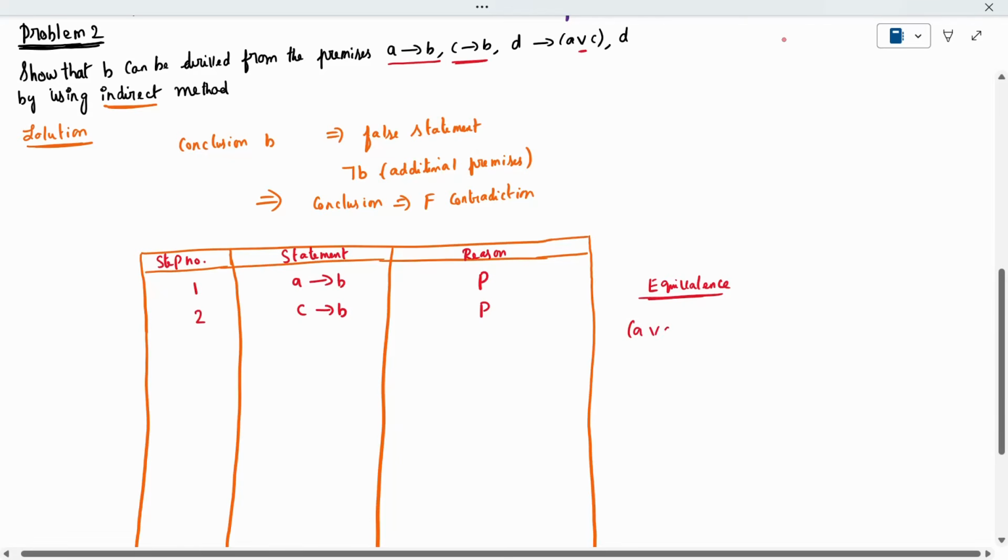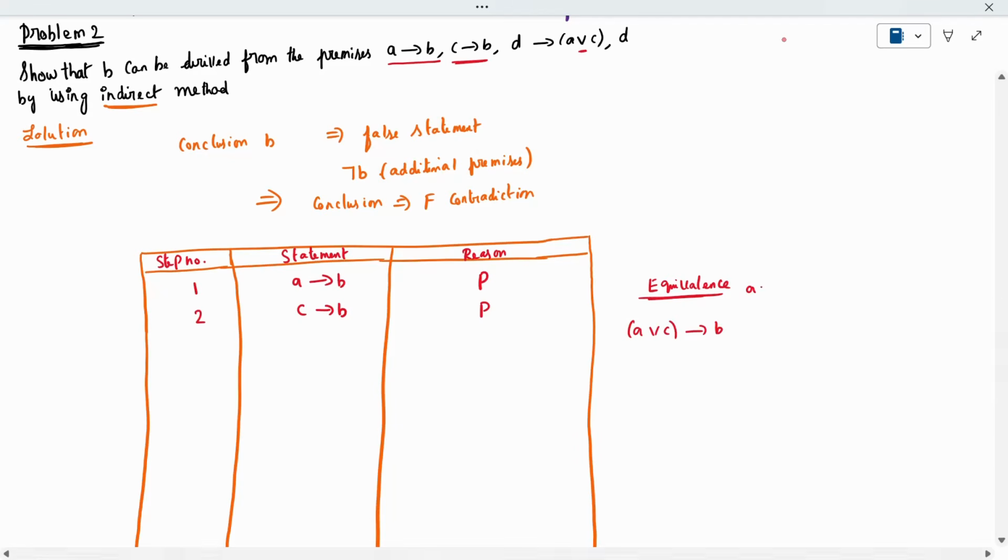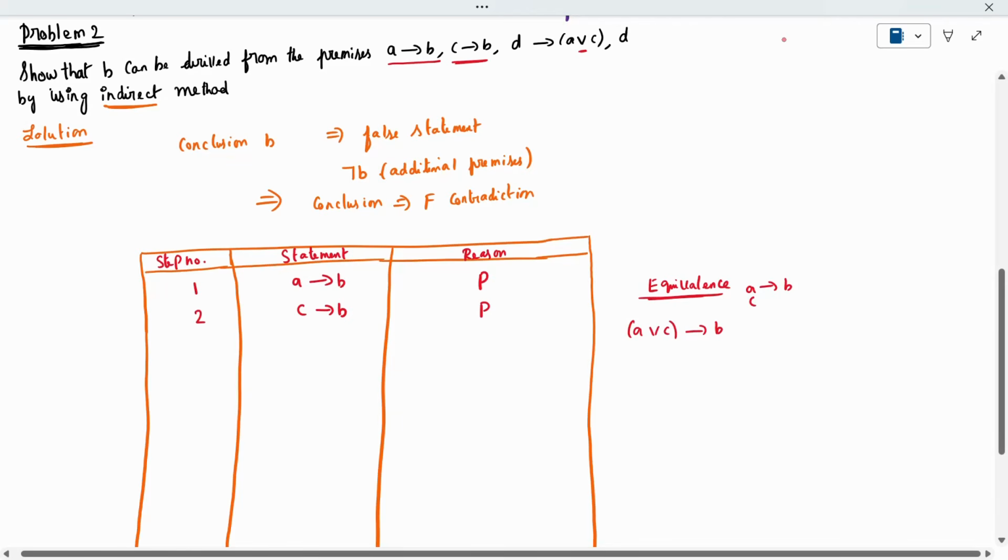A disjunction C conditional on B. When A conditional to B and C conditional to B, it is equivalent to this, I can write it. That only I'm going to apply first. So it is nothing but A disjunction C, conditional on B. It is called a T rule. You can write from step 1 and 2, and it is called the equivalence rule, equivalence law.